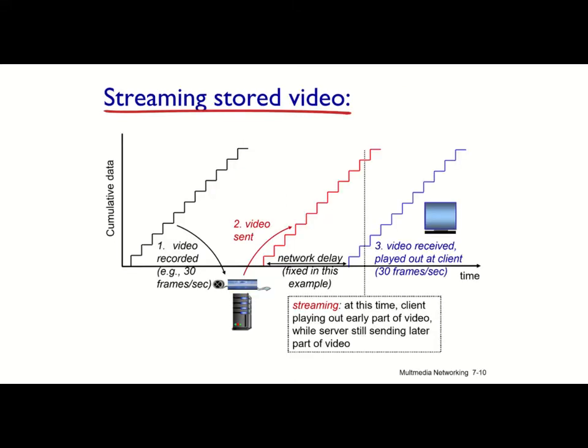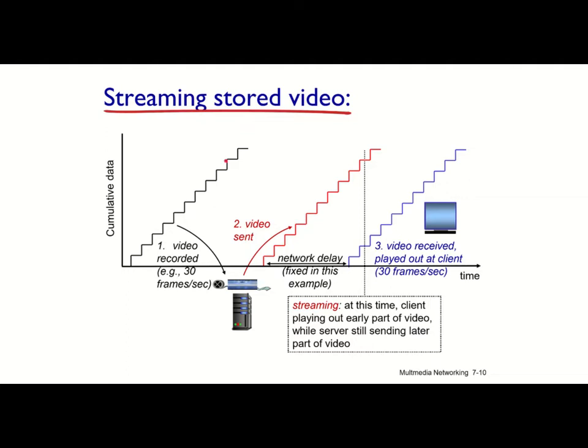Here you can see a plot of how cumulative data changes over time for recording, sending, and playing out a video in the client side for a streaming a stored video application. Obviously, this is a very simplified scenario. As you see in this figure, we have three different plots.